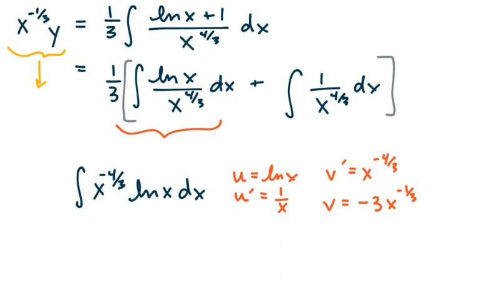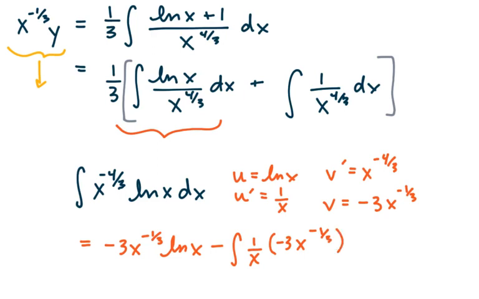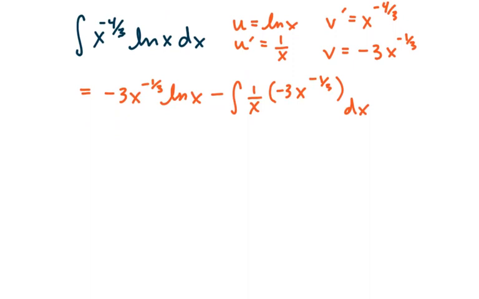So this piece of my integral is going to become uv. So I've got negative 3x to the negative 1/3 ln x minus the integral of u prime v, which is 1 over x times negative 3x to the negative 1/3 dx.